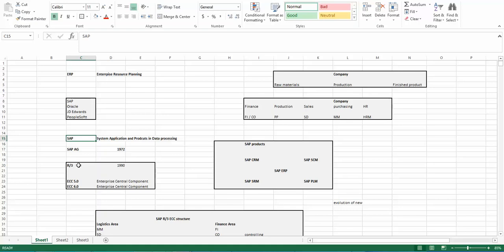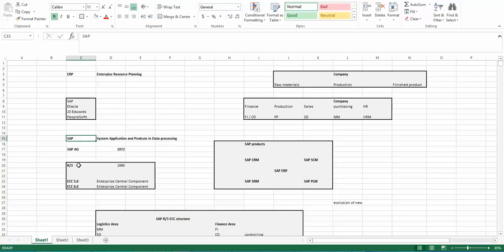The major SAP implementations that took place were with this version of SAP ERP. Now the latest version of SAP is ECC. There was ECC 5.0, now we are using ECC 6.0. ECC is nothing but the Enterprise Central Component.